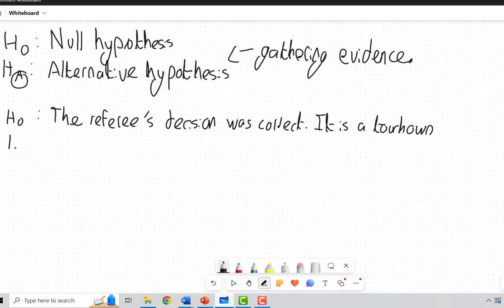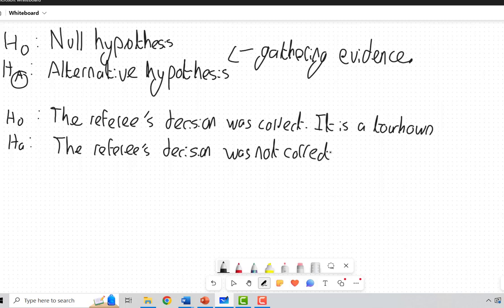And the alternative hypothesis: the referee's decision was not correct. It is not a touchdown.